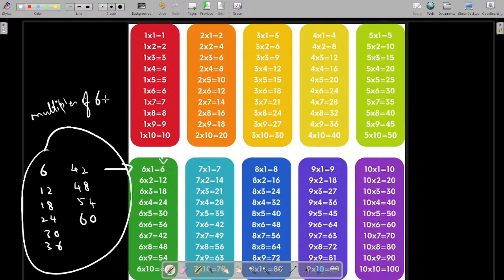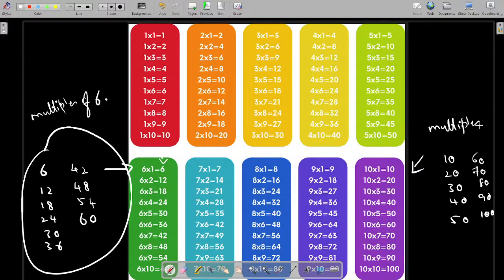Okay, multiples of 6. Can you tell the multiples of 10? 10, 20, 30, 40, 50, 60, 70, 80, 90, 100. These are all multiples of 10.